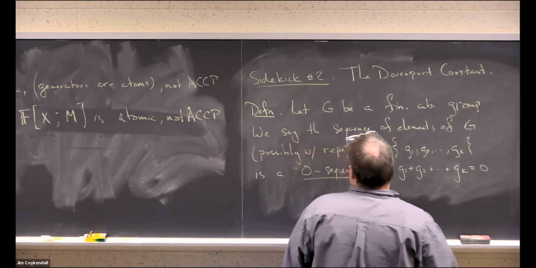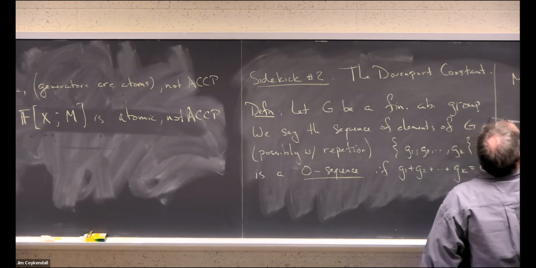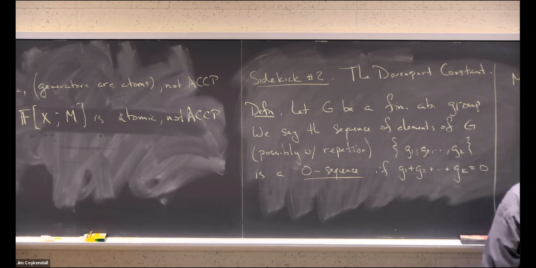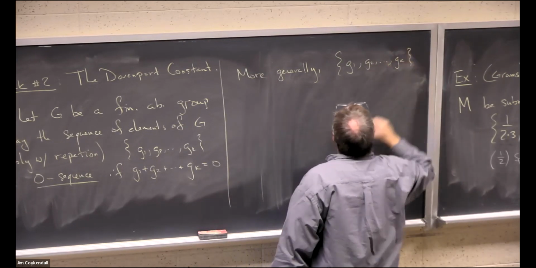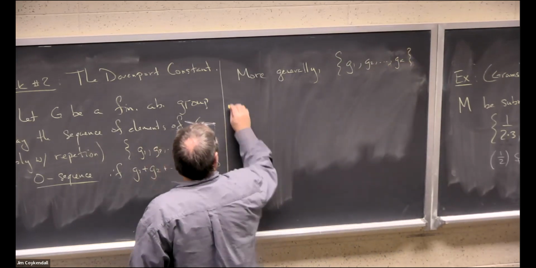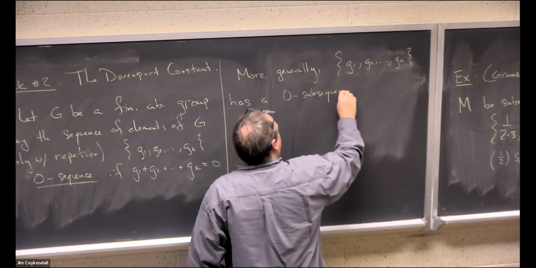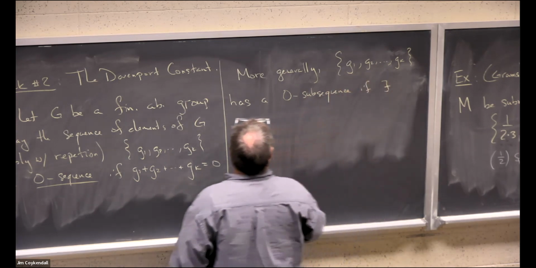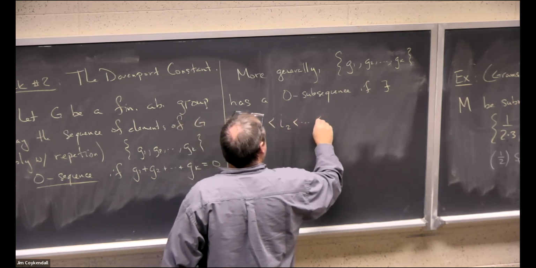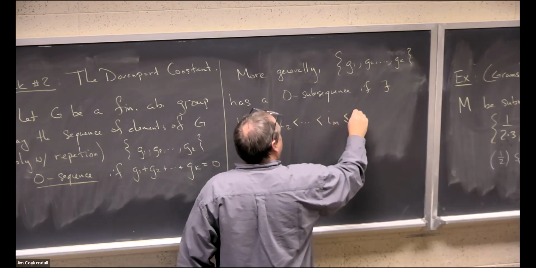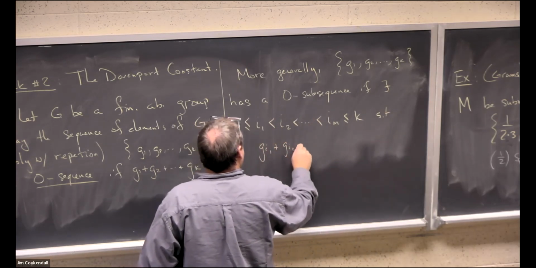More generally, the sequence g1, g2, up to gk has a zero subsequence if there exist indices i1, i2, up to im such that g_i1 plus g_i2 and so on adds up to zero.